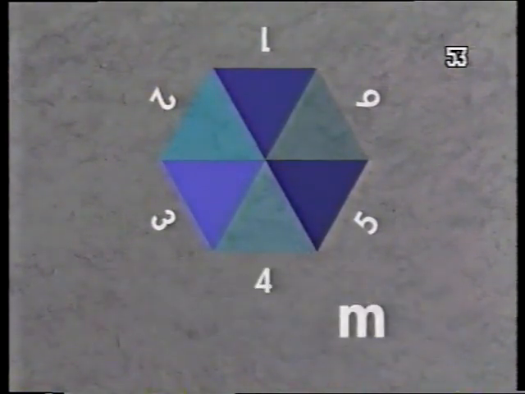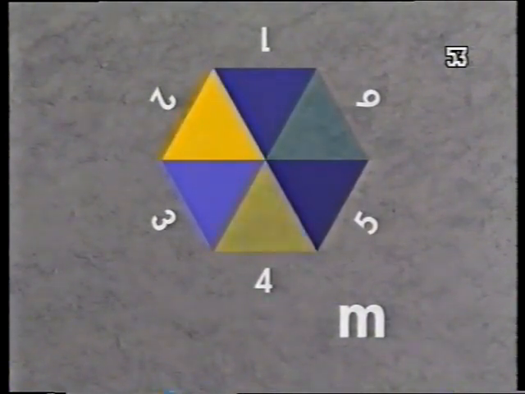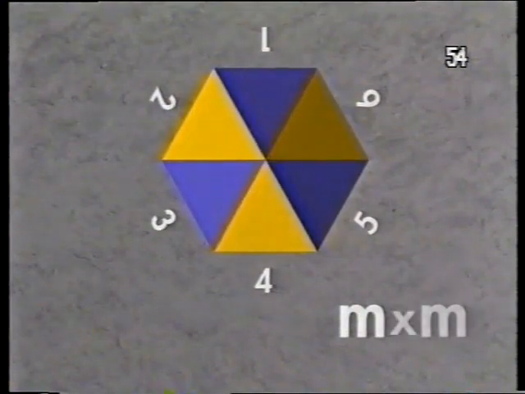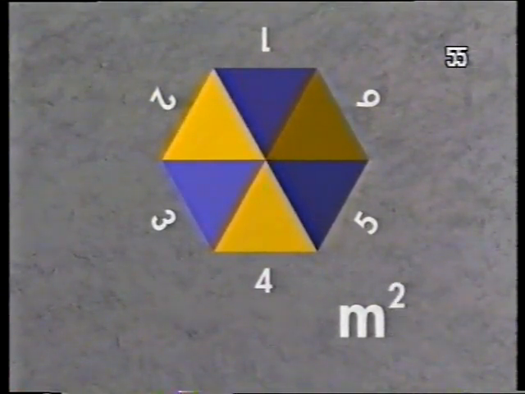Well, there are m choices, and similarly, faces 2, 4 and 6 must be the same colour, and so there are another m choices for these three faces. And these two choices are still independent, just as they were before. So the number of possible colourings of the whole pyramid that are unaffected by this symmetry is m squared, where before it was just 2 squared.